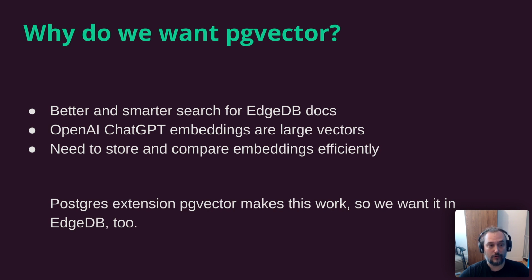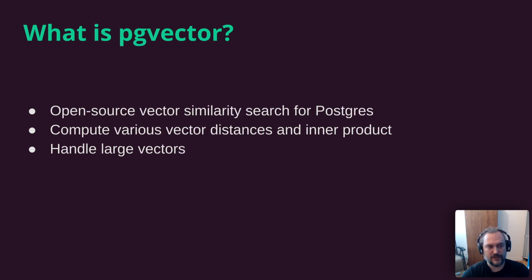So while our great UI team was busy working on this AI search functionality, we realized that we want to adapt the pgvector extension for EdgeDB. So what is pgvector and what can it do? This open source Postgres extension can perform vector similarity searches. Basically, that means it provides the ability to compute Euclidean distance, cosine distance, and inner product for some pretty large vectors.